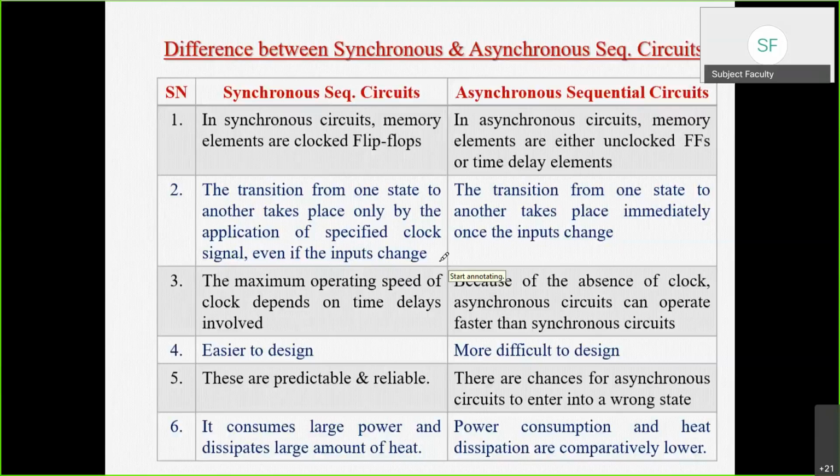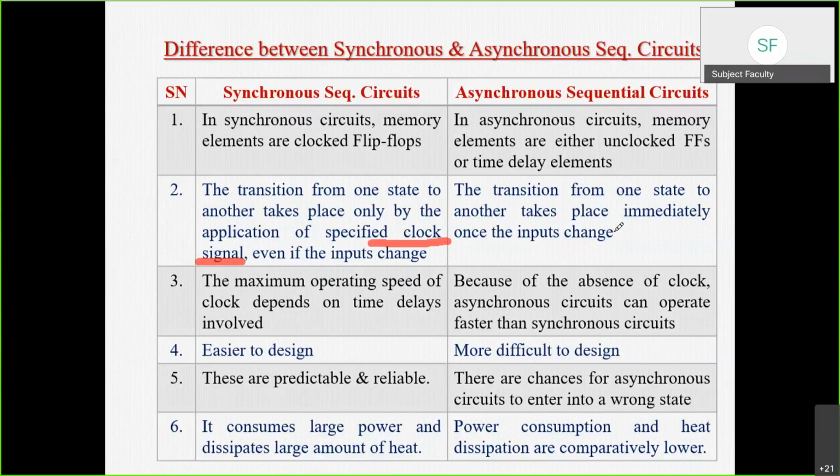But the key point to remember here is that the output will change only when you are giving a clock signal to it. Without a clock signal, the output will not change. This is an important point. That means the transition from one state to another will take place only when you apply a specified clock signal.